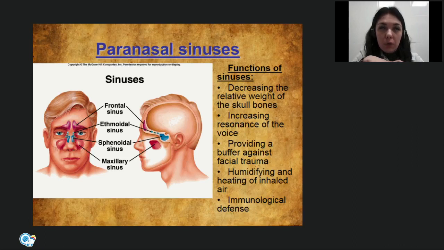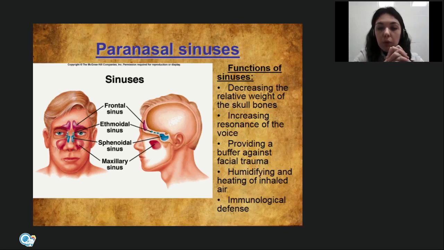While air passes through the paranasal sinuses, it spends some additional time there. During this time, additional humidification and heating of the air happens.